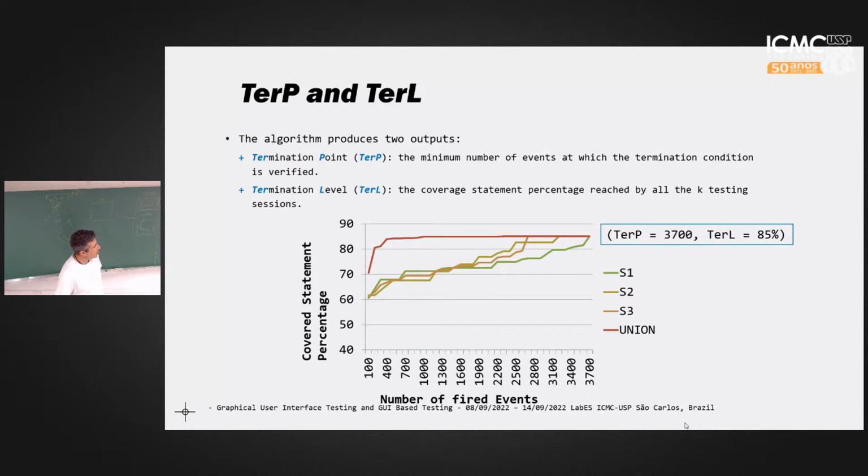In red, we have the union. When I stop, all the testing sessions have explored the same code, because they all reach the union of the coverage. This is my termination point.